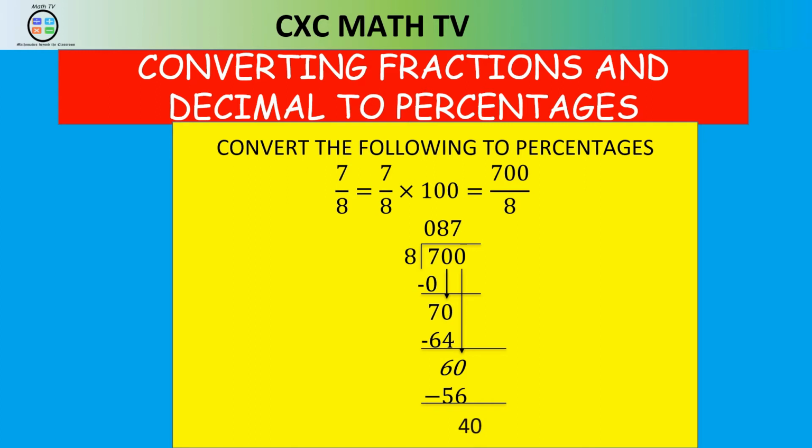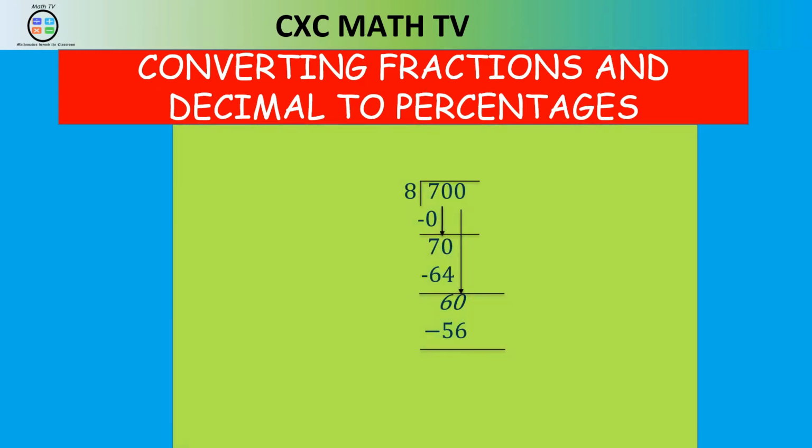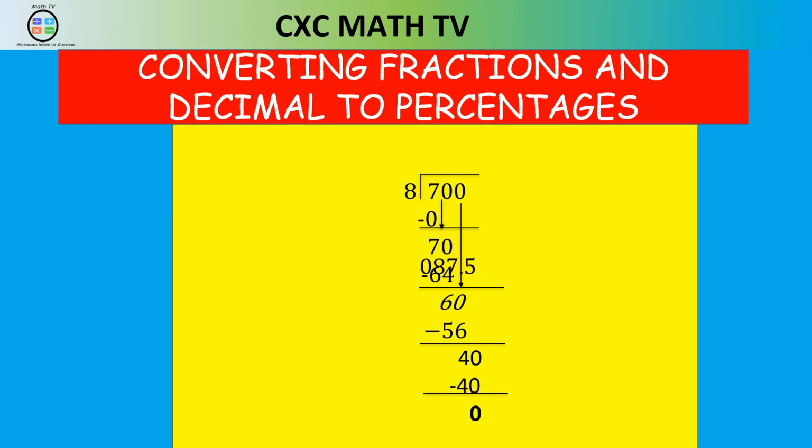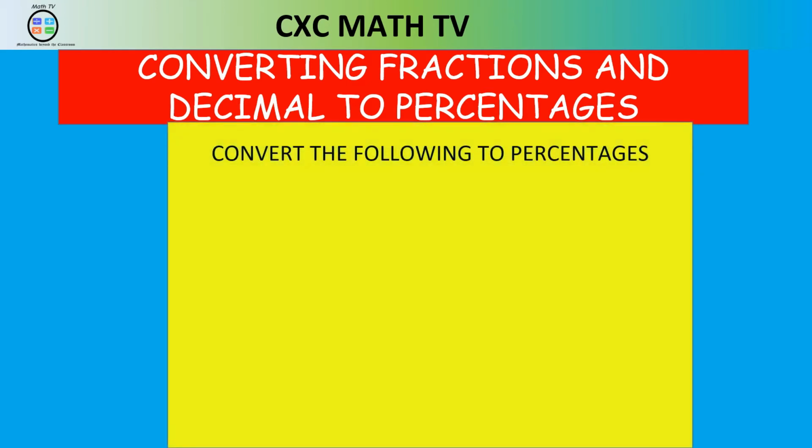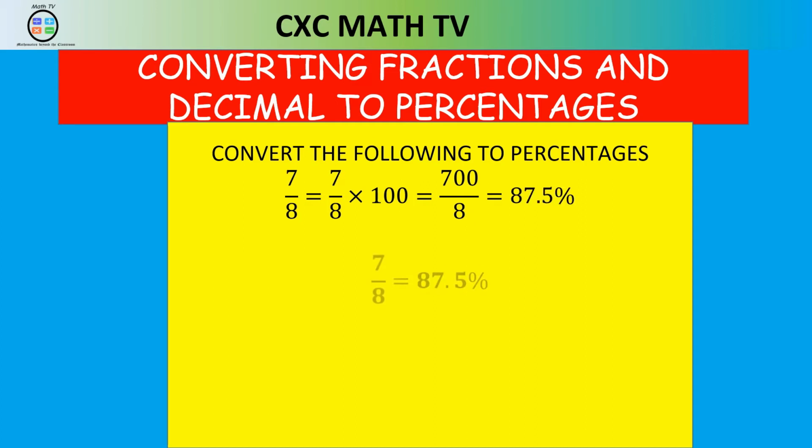Now, 8 into 40 goes 5 times. Alright, and so now 8 times 5 is 40. And finally we finish. And so 700 divided by 8 is 87.5. And so therefore 7 over 8 is 87.5%. Beautiful.